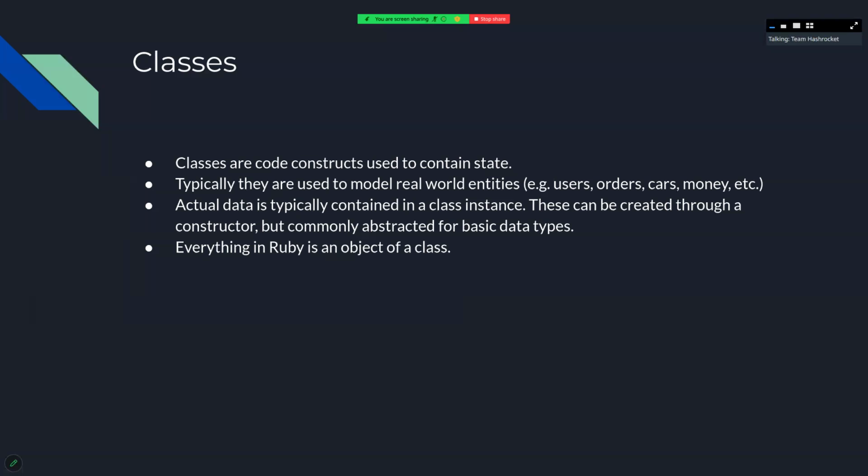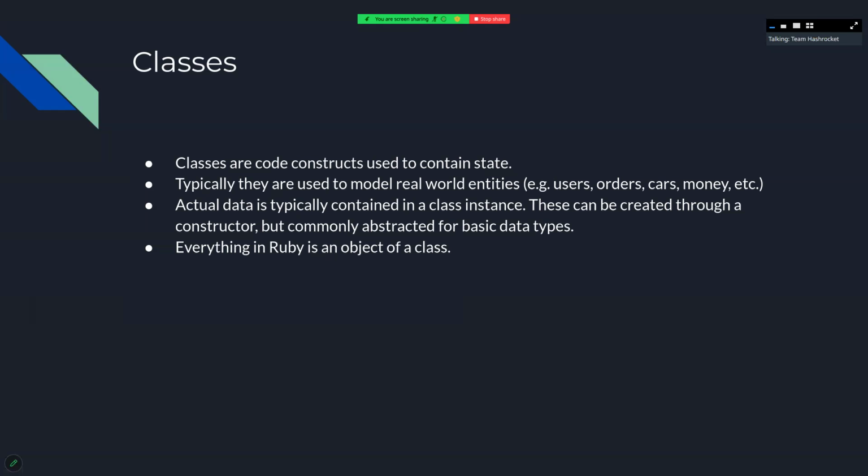Then we have classes, and Ruby is an object-oriented language, so classes are the core construct of the language. We create classes to define the methods and the state that we're going to be working with.